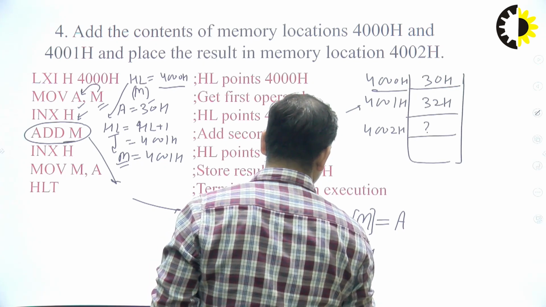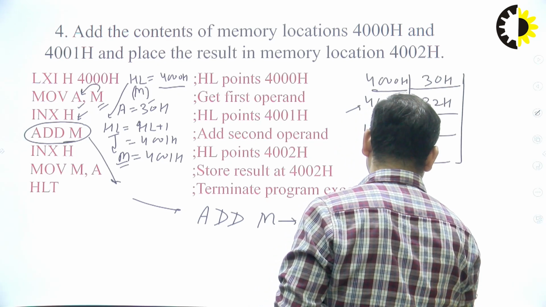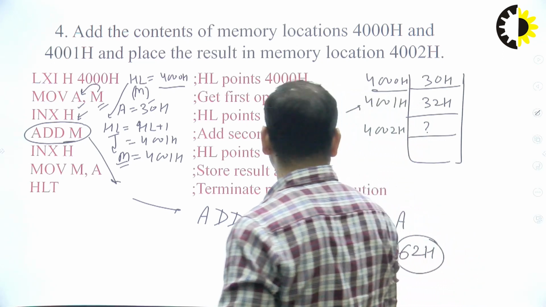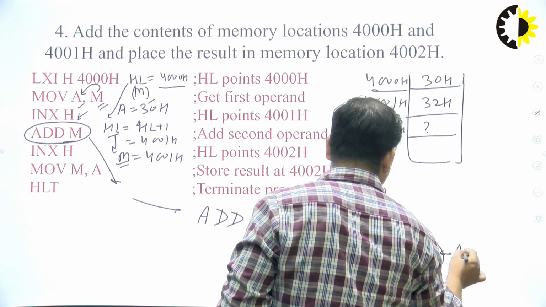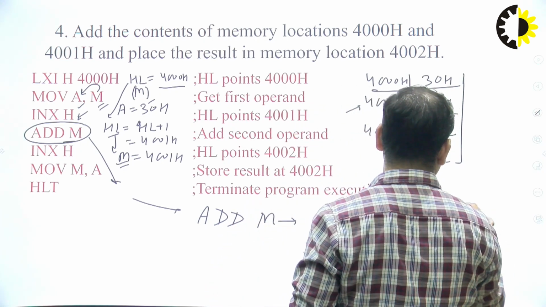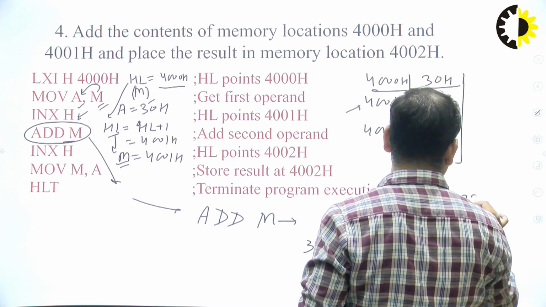This is in hexadecimal, so this value will be 62. This is the addition. Right now the result is in the accumulator, and we want to store the content of the accumulator at the memory location 4002H.